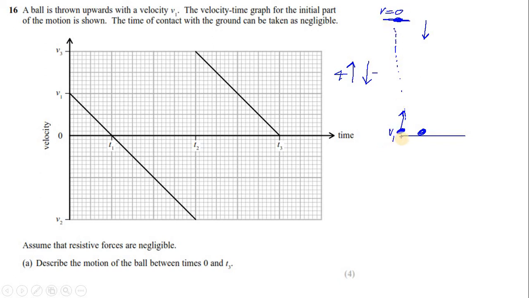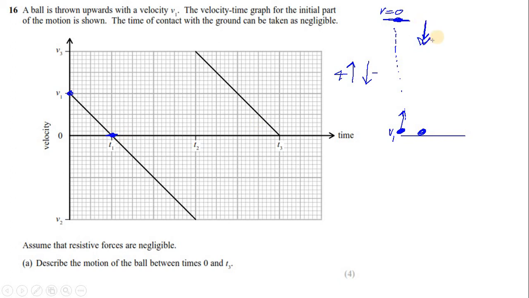This one-sided motion is shown in the graph from v1 till t1. So this portion of the graph shows the ball is moving upward with decreasing velocity, and eventually it reaches some maximum height where velocity becomes zero.